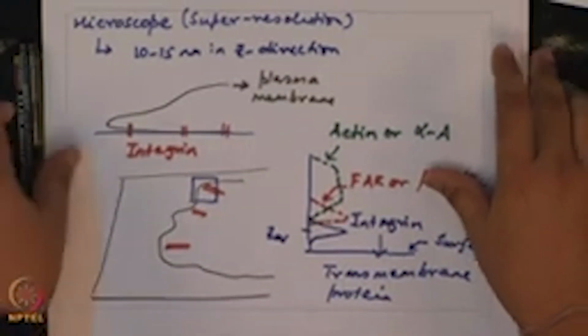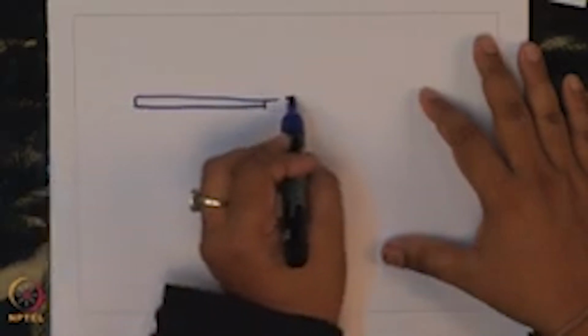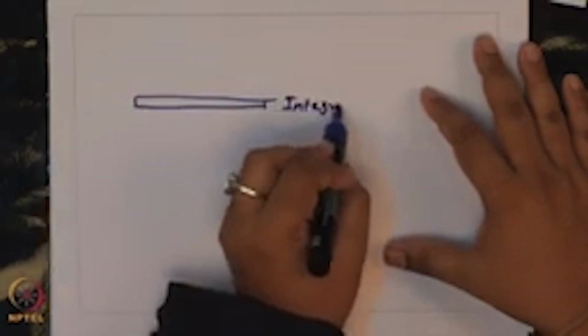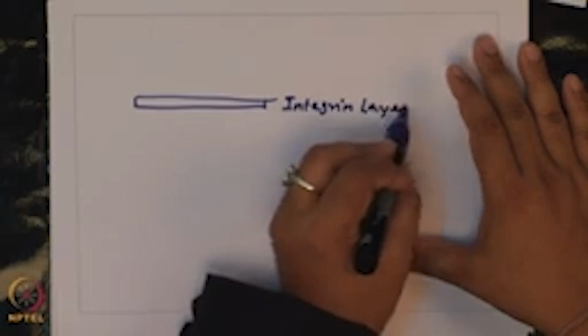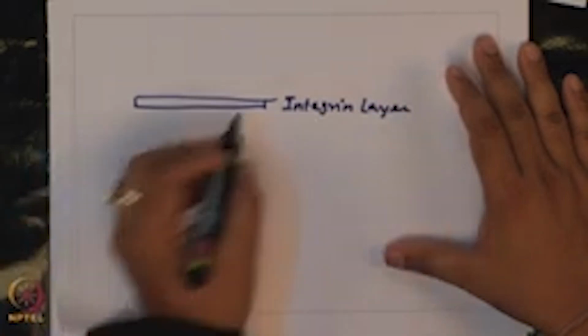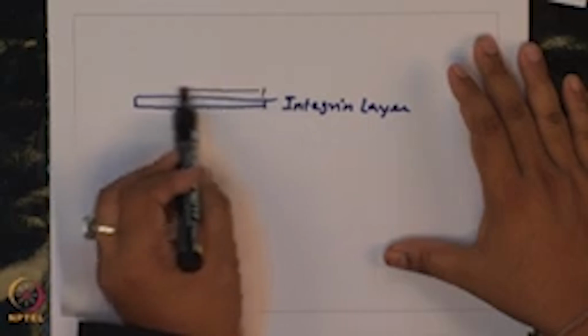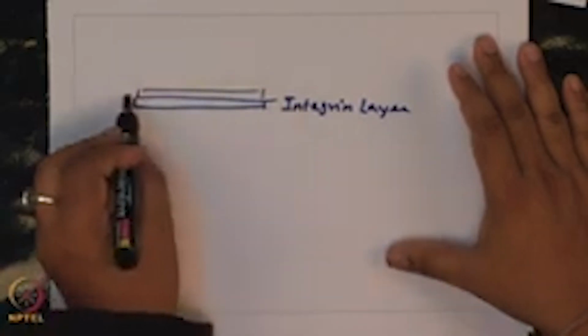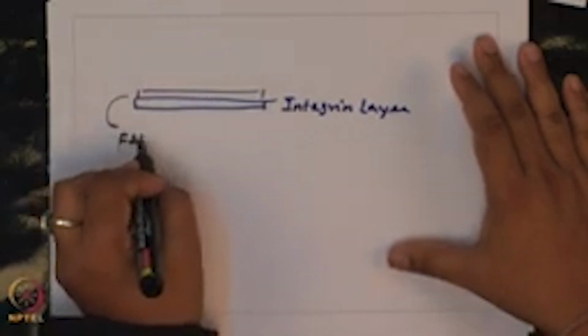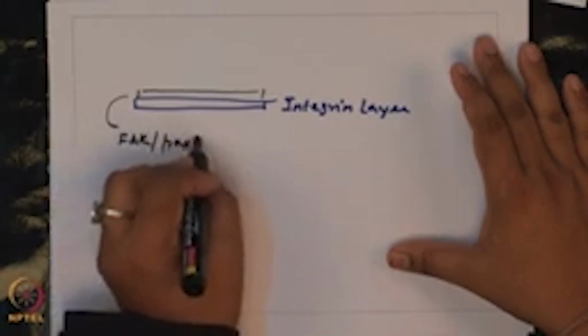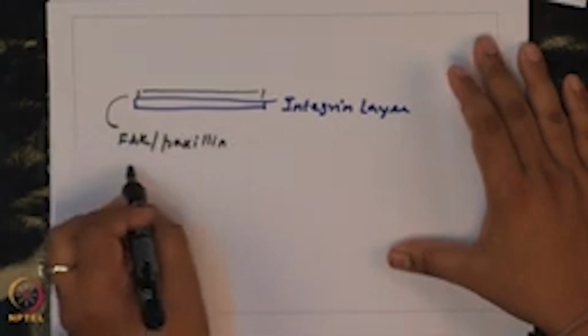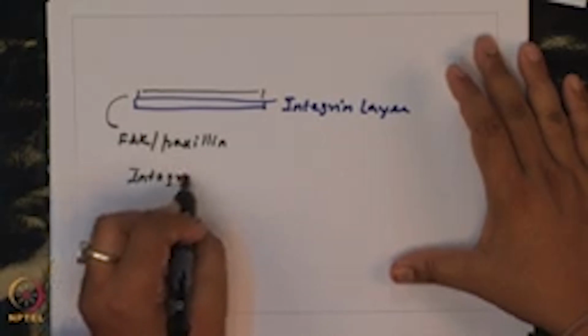Okay. So, based on this, what Clare Waterman Storer showed was that you have an integrin layer, on top of which you had proteins like FAK or paxillin, and this is called the integrin signaling layer.